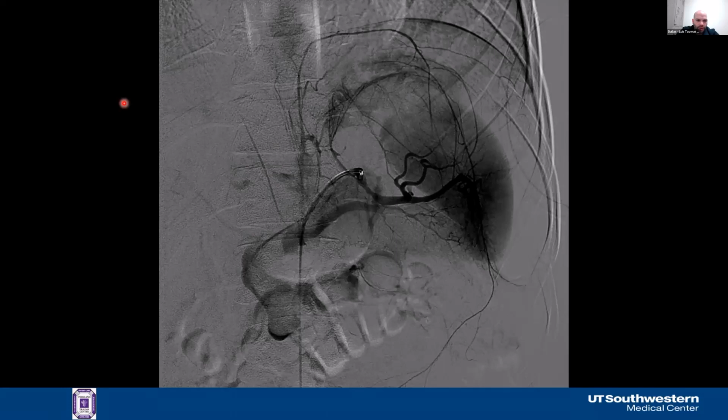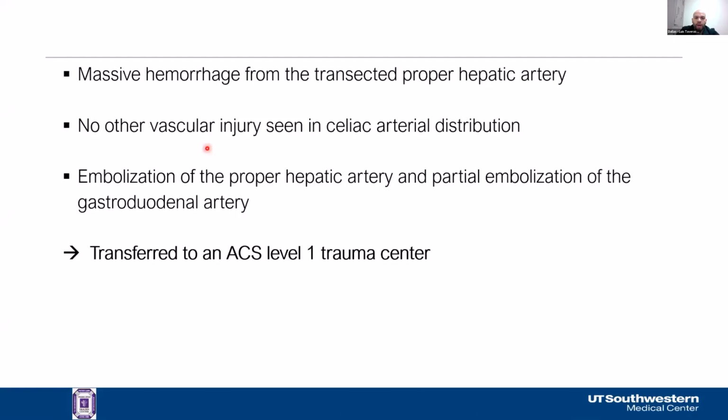It's not very clear on this image, but there was some gel foam embolization. There was some hemorrhage from the proper hepatic artery, and the proper hepatic artery and some of the branches of the gastroduodenal artery were embolized. At that time, the patient was then transferred to a level 1 trauma center.